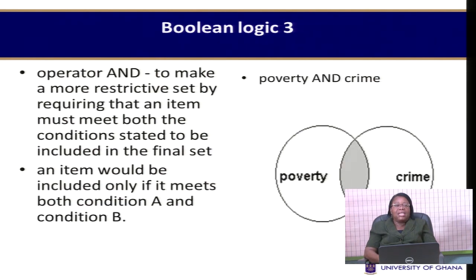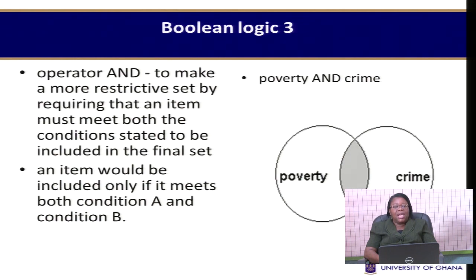Then we have an AND operator, which is very restrictive. If you can see from the diagram, I did a search for poverty and crime, and it is only the intersection which is highlighted. That is what the AND operator does. It just restricts it to the terms that you have used, and so it narrows the search for you. So for poverty and crime, it means that you are telling the computer, I want information which has both terms available.